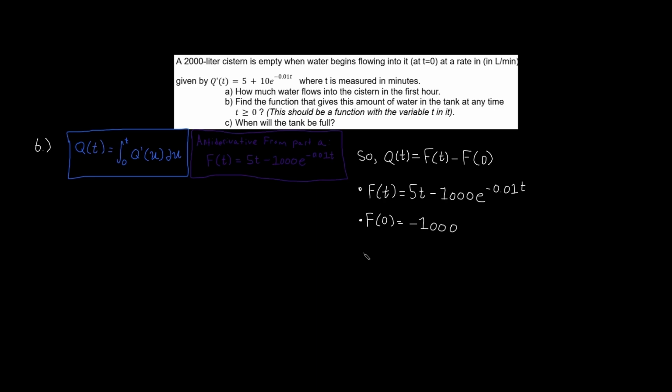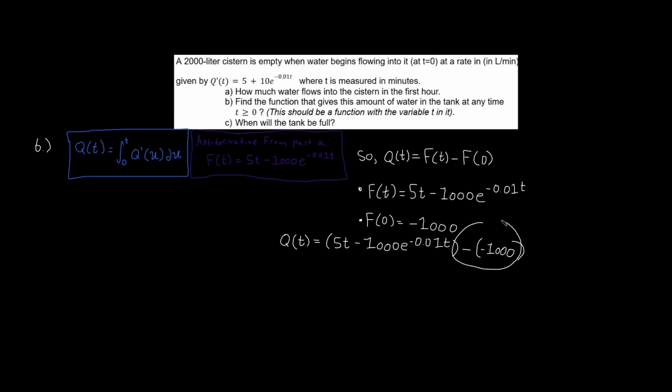Okay, so then what's up with q of t? All right, so then q of t is going to be 5t minus 1,000 times Euler's number raised to the power of negative 0.01 times t, minus negative 1,000. But we got to simplify this. Now, how do we simplify this?